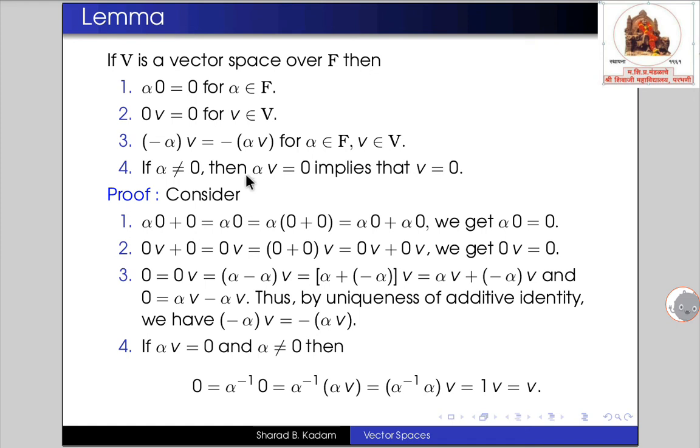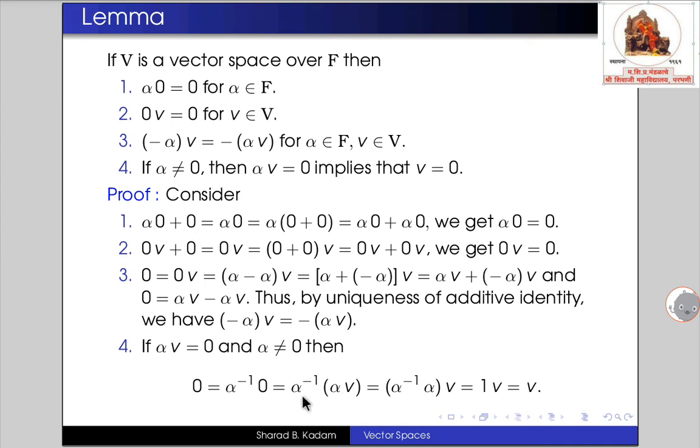Now consider the case alpha into V equals to 0. Then we have 0 equals to alpha inverse into 0, which equals to alpha inverse as it is, and since 0 equals to alpha V, we have written alpha into V instead of 0.